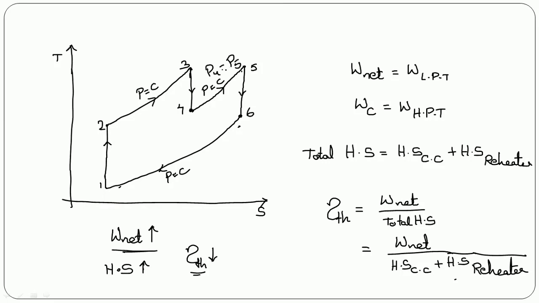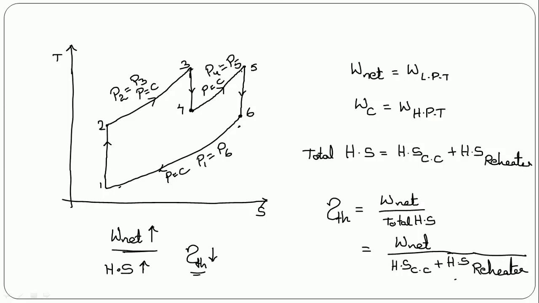So this P4 equal to P5 will be the geometric mean of the maximum pressure and minimum pressure of the cycle. So then only the perfect reheating condition can be obtained. That means perfect reheating is indicated by these temperatures, T3 and T5.